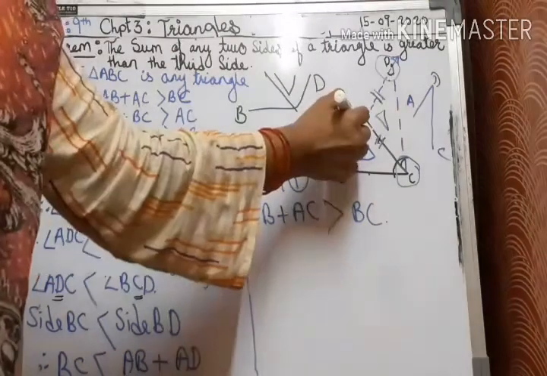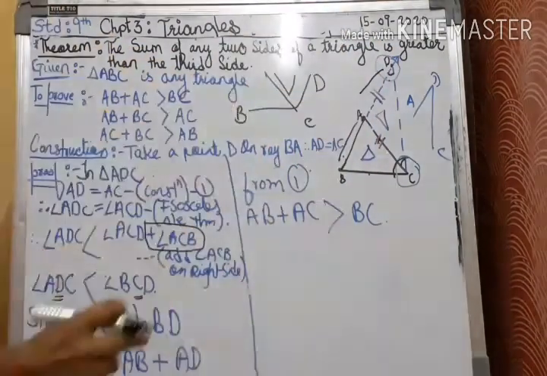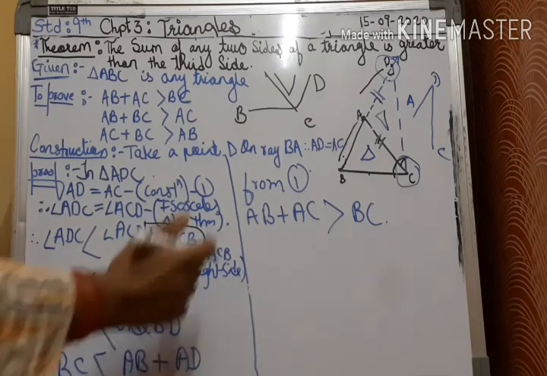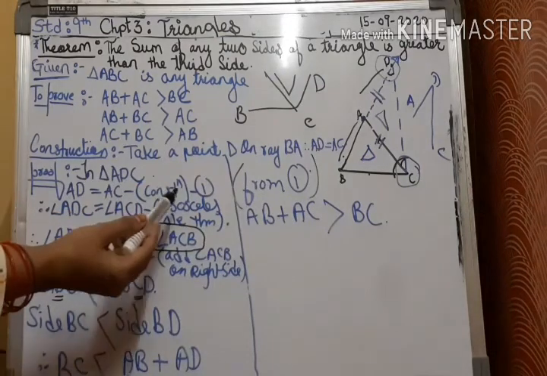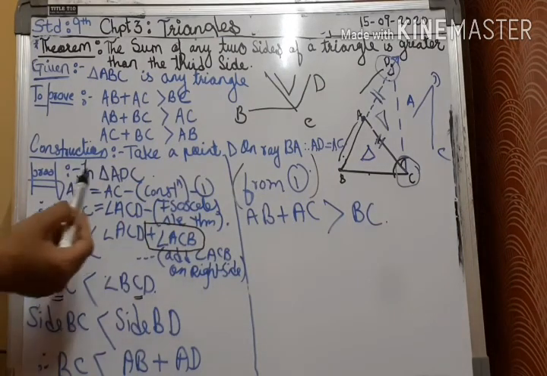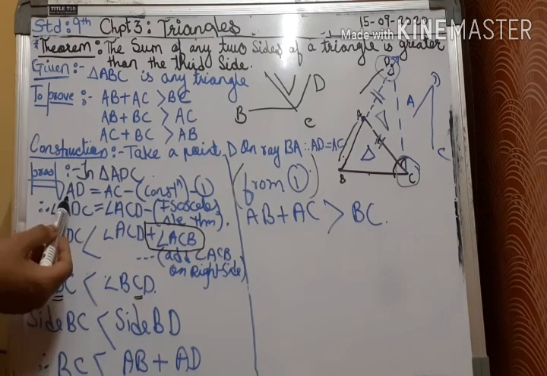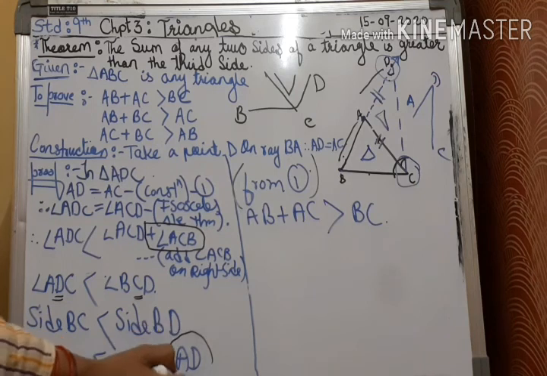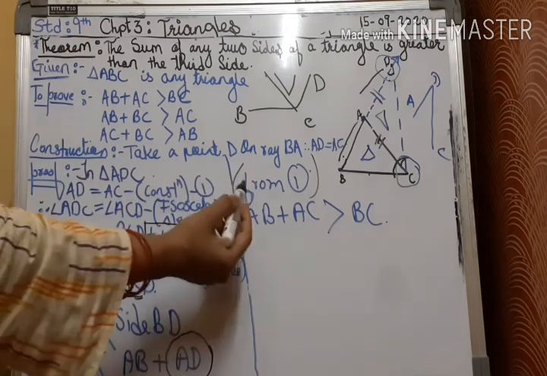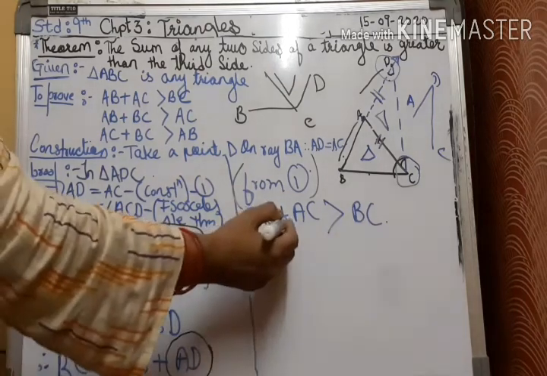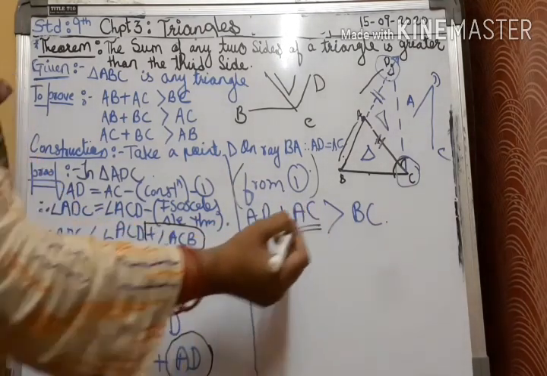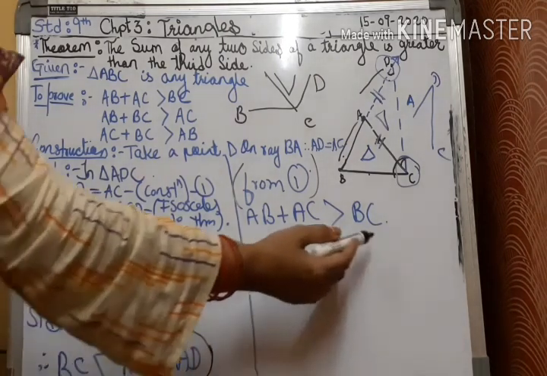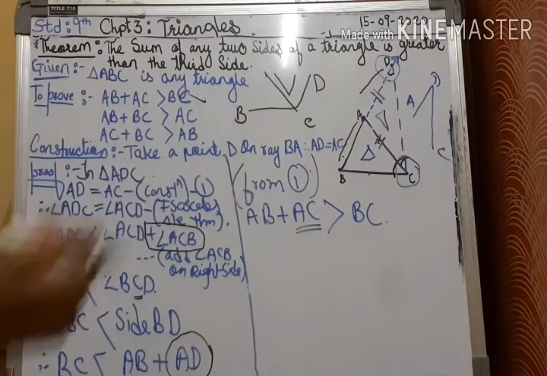In BD, AB and AD come, so in place of BD we write AB plus AD. Now come to 1. 1 is the construction: AD is equal to AC. So in place of AD we write AC also. So from 1, AB as it is plus, in place of AD we wrote AC, is greater than BC. So the first condition is completed.